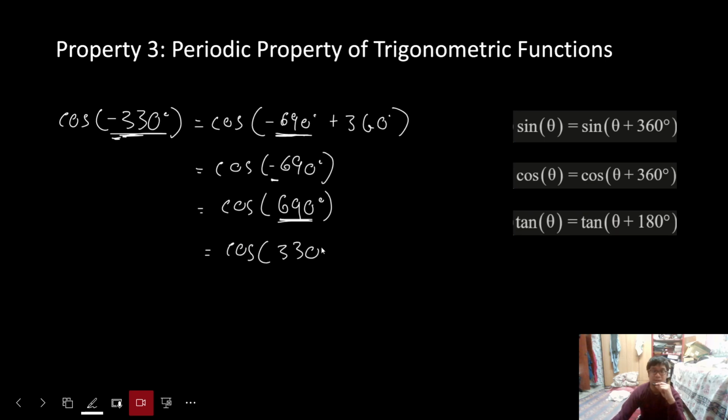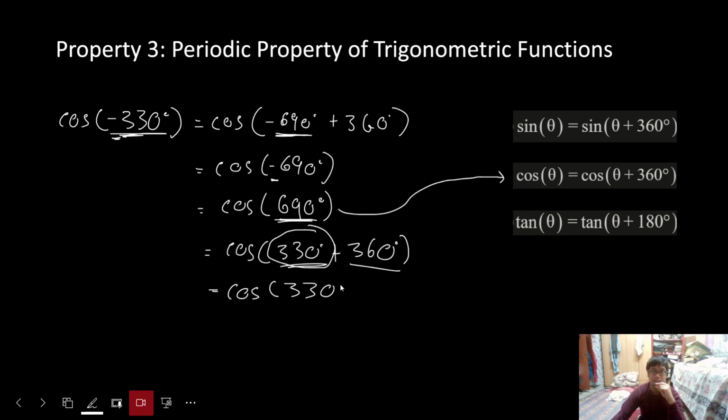So 330 degrees plus 360 degrees is 690. Since this is the angle that we thought of, we will use that as our simplified answer: cosine of 330 degrees.